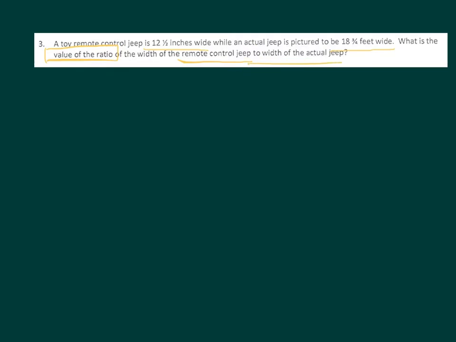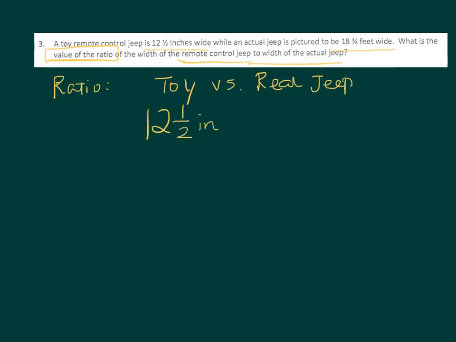Okay, so let's just start by writing out the ratio. So the toy versus the real car, the real Jeep. So that is 12 1/2 inches to 18 3/4 feet.